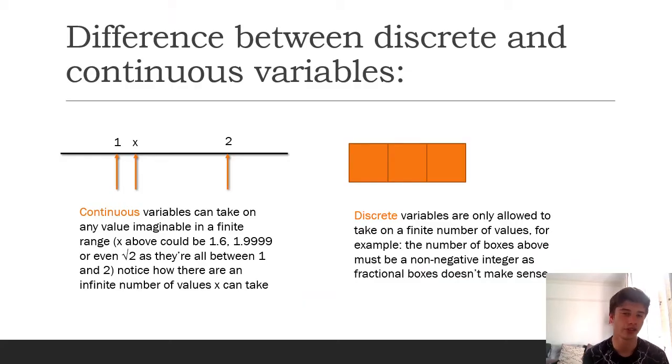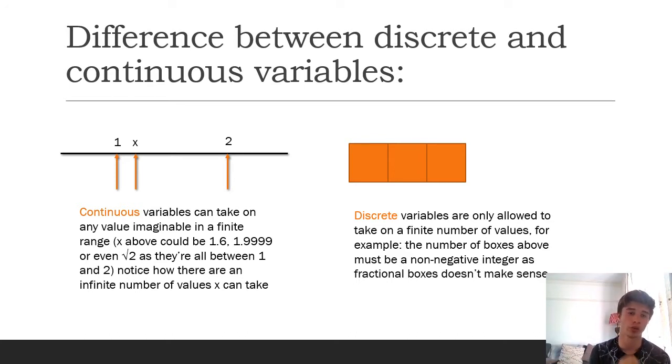I just want to talk about the difference between continuous and discrete variables, because this is purely about discrete variables. To understand what they are, it's best to understand what they're not as well, which is continuous. First off, a continuous variable, if we look on the diagram on the left, let's say x is a continuous variable. It can be any number imaginable between a given range.